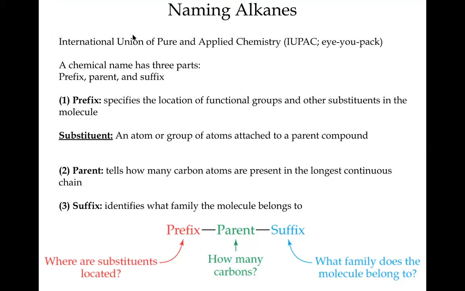If we don't number it the right direction, if we number the functional groups in different ways, it really changes the perception of what that molecule potentially is. So the International Union of Pure and Applied Chemistry, or IUPAC, has devised this three-part system that consists of a prefix, a parent, and a suffix.